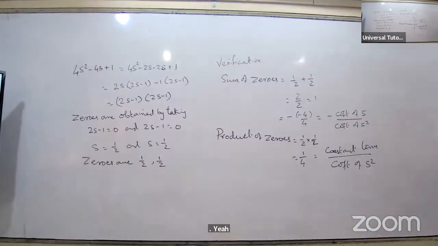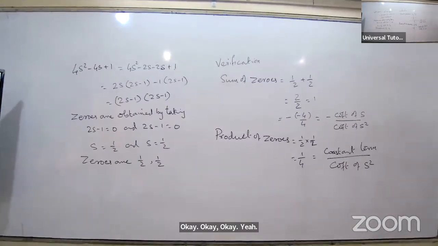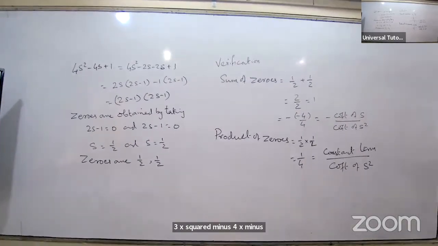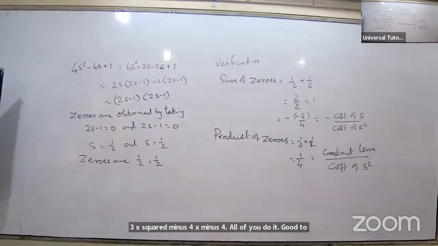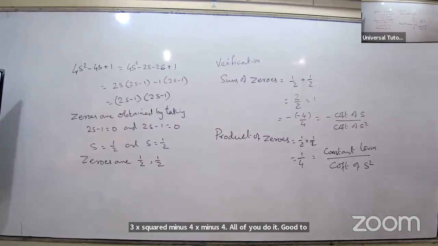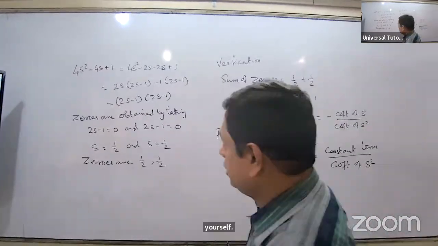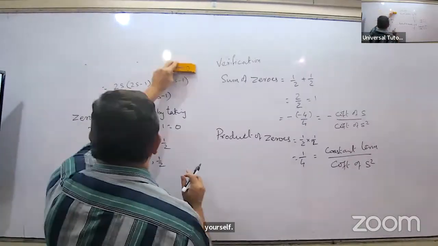3x square minus 4x minus 4. All of you do it. Don't look at others. Do it yourself. 3x square. Try to factorize yourself.